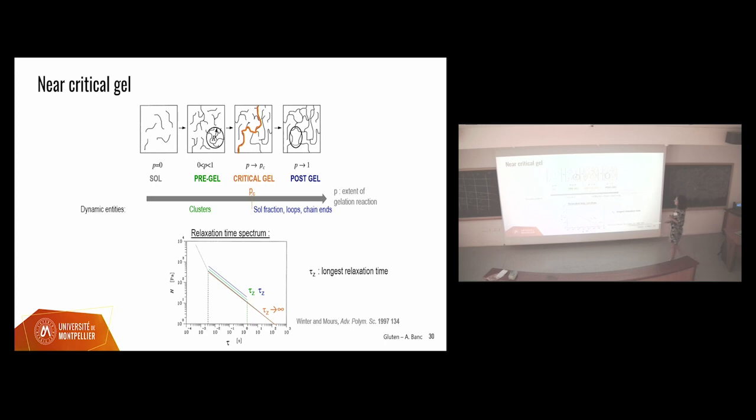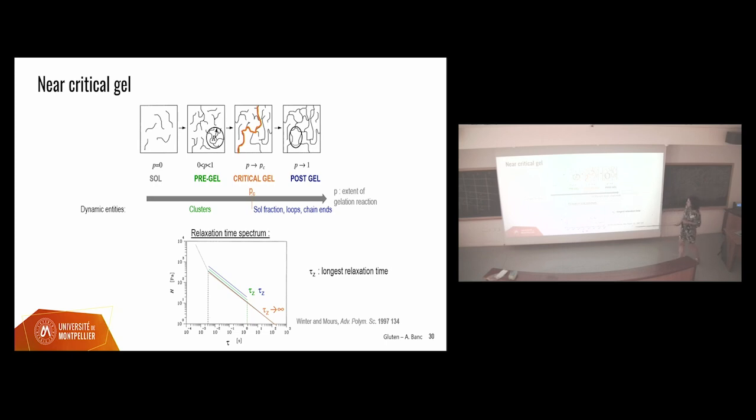When you have a system that progressively gels, it can be made of particles or polymers. You form clusters with a wide distribution of size. And at some point of gelation, there's a percolation. You create an infinite aggregate in your sample, which corresponds to the critical gel. And above this point, the gelation will continue, and the mesh size of your gel will decrease.